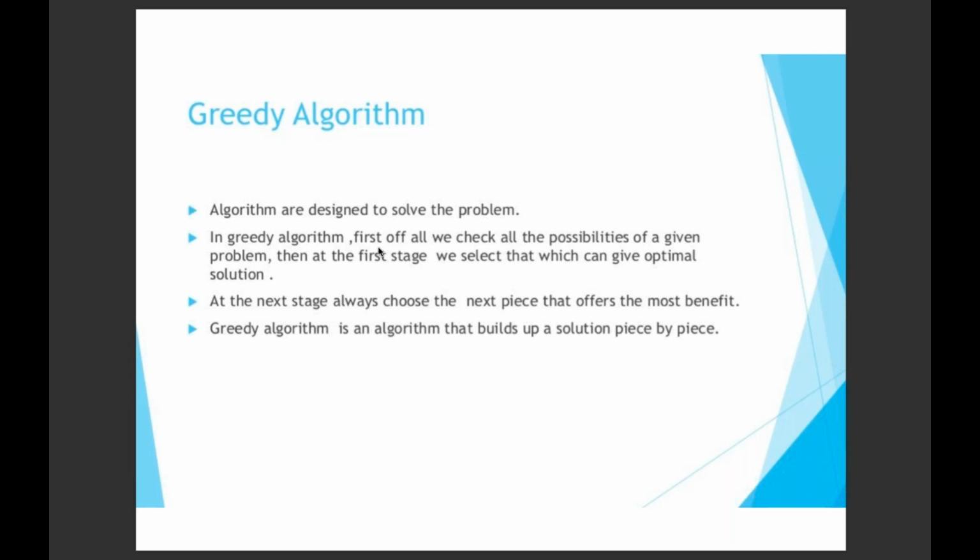Then at the first stage, we select that which can give us the optimal solution. And at the next stage, always choose the next piece that offers the most benefit. So a greedy algorithm builds up a solution step by step by checking for the optimization. But at the end of the day, we have to follow the solution.